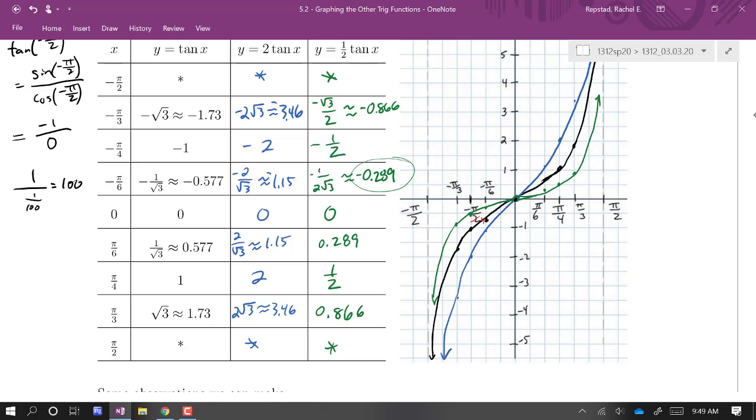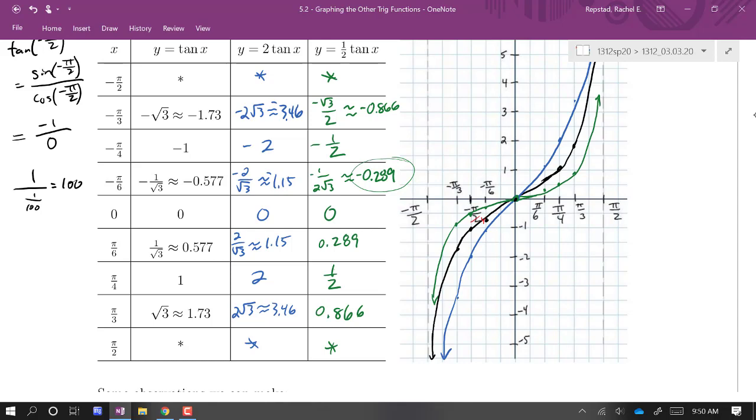I know that tangent goes through the origin, and a coefficient in front tells me where I'm at pi over 4, the point where sine and cosine are equal. I often don't bother with the pi over 6 and pi over 3. I just do where it hits its 1, or whatever that coefficient in front of the tangent is, then do the same thing on the other side, and then mark where the asymptotes are.